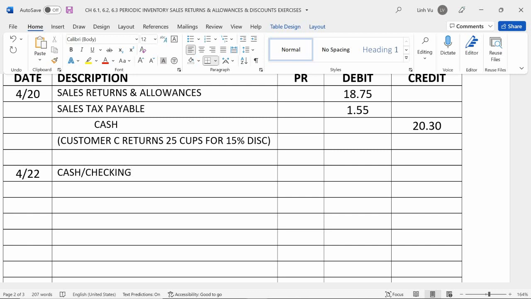And what else, since we acknowledge that he has met the discount period, what are we going to recognize? We are giving them a sales discount. Correct, sales discount. And we are also going to be giving back sales tax. Yes, because again, he's getting a discount.